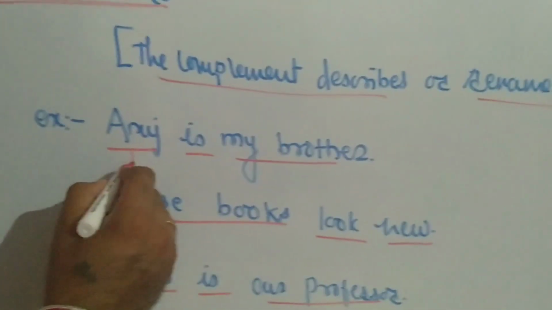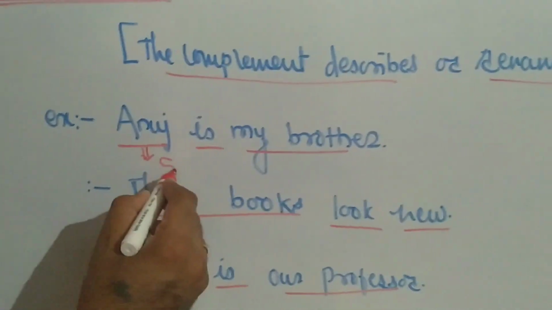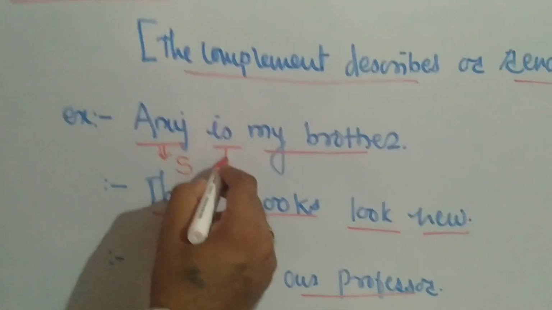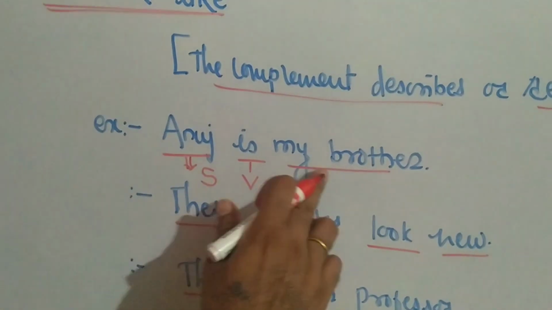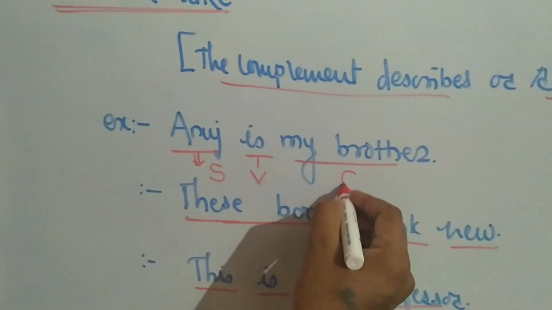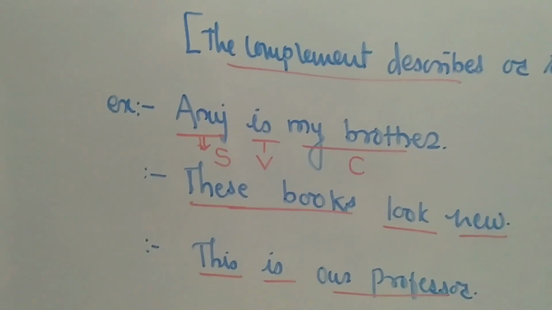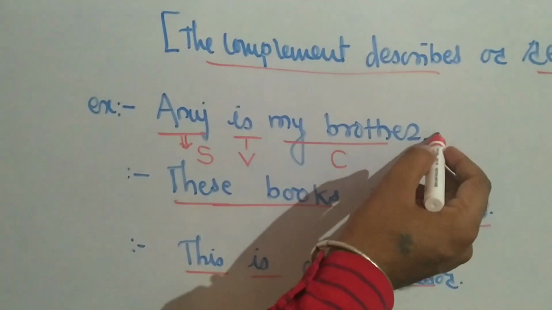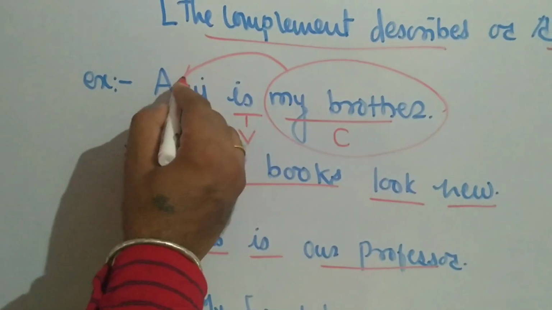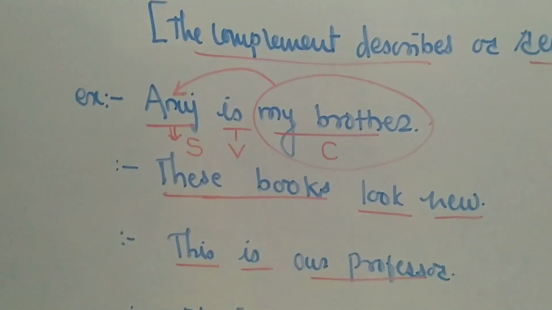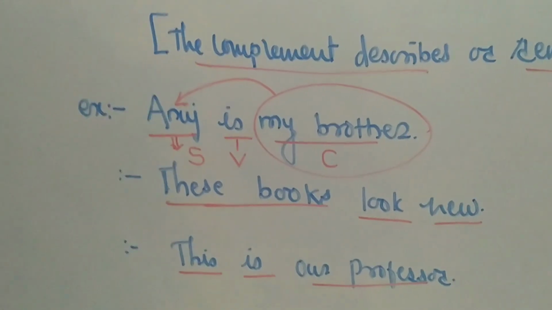Here Anuj is the subject, is is the verb and my brother is C, means complement. So my brother describes the subject, means Anuj.